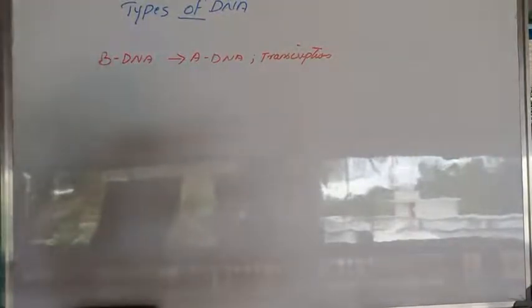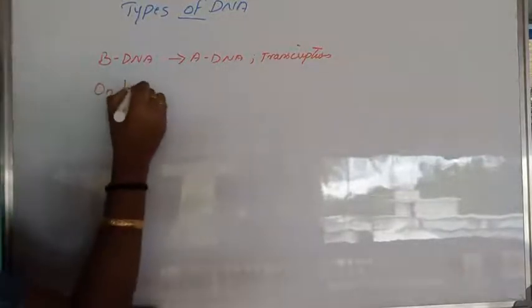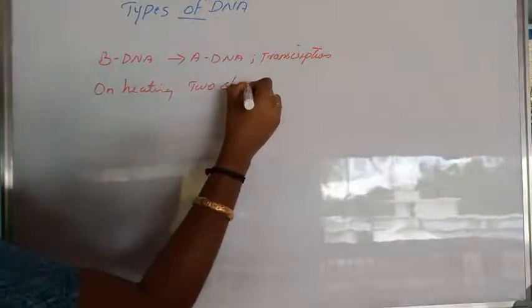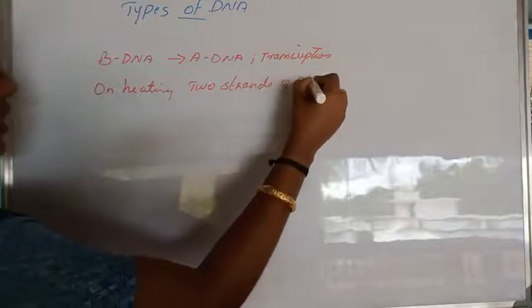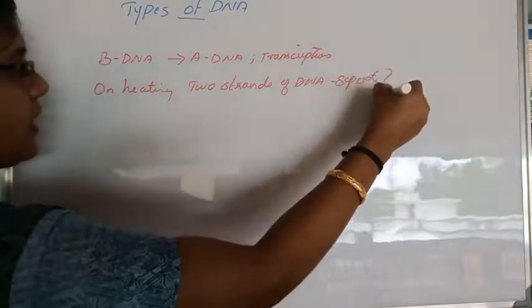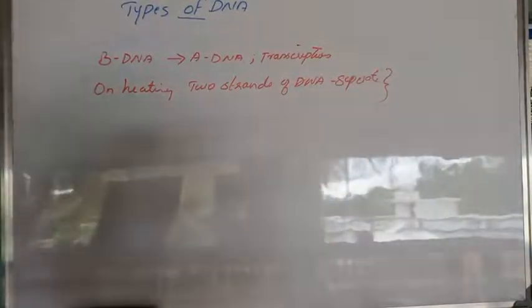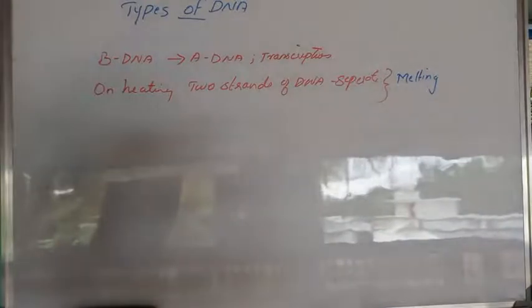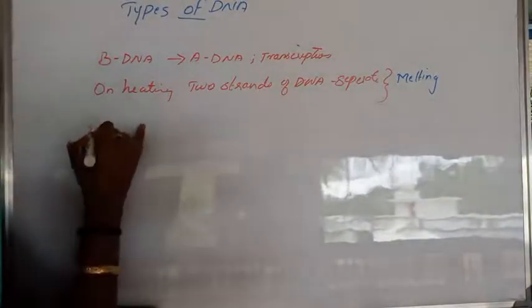Then on heating, the two strands of DNA may separate from each other. This process is called melting. And on cooling, they again hybridize.